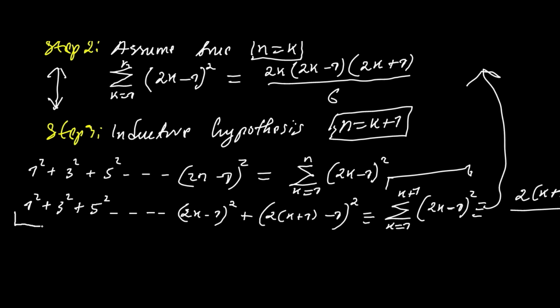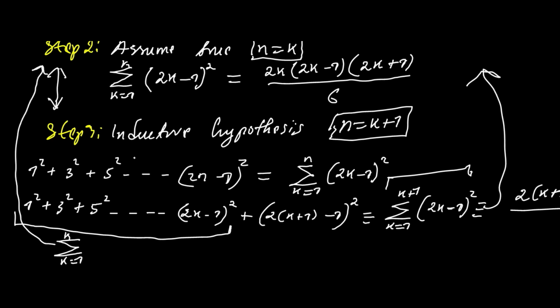If we look at this from here up till this level, we see that this is the sum from k equal to 1 to the power k, which was step 2 of the inductive step. And we actually assume that this was 2k into 2k minus 1 times 2k plus 1 divided by 6.